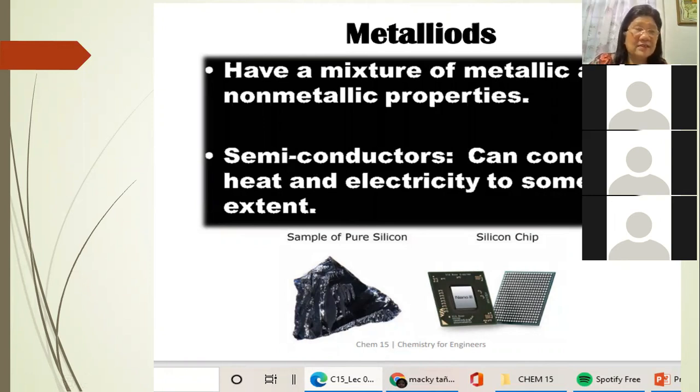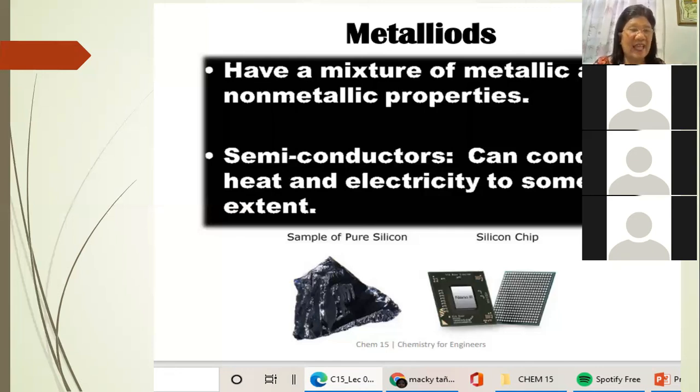They are not non-conductors, unlike non-metals. So they can conduct heat and electricity, but only to some extent.